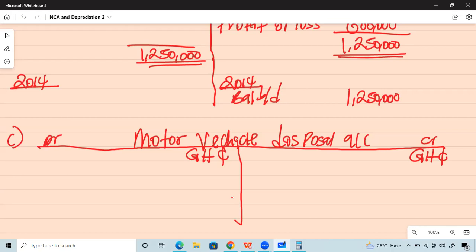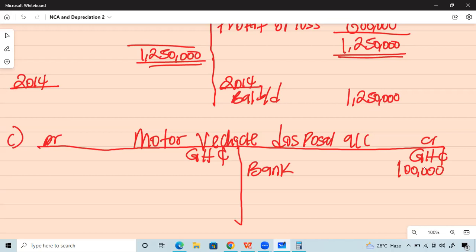The corresponding entry is to credit this disposal account. So the bank is debited, and that's why you credit the disposal account with 100,000.